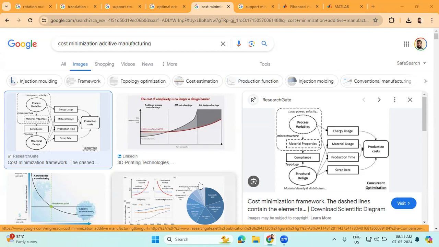Then what about the post-processing? Post-processing means once you finish your printing process, you have to remove the support structures, you have to do some finishing operations, etc. So the post-processing cost involves post-processing time multiplied with staff cost per hour, plus the miscellaneous cost.